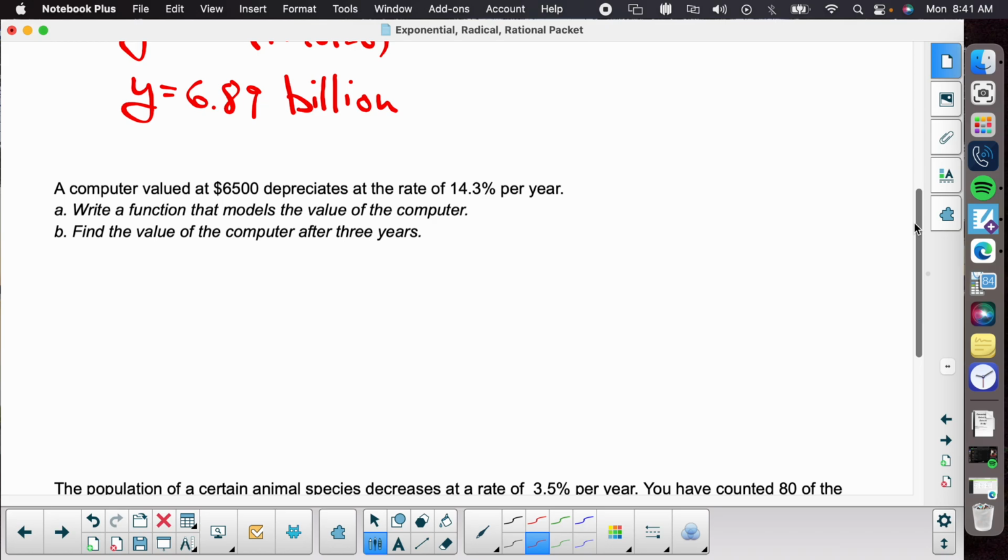So depreciates is gonna be a word that stands for decay or getting smaller. So we're gonna use the decay formula because the word in the problem is telling us the answer's getting smaller. So I'm gonna write down the decay formula from up top, which is similar to growth except it has a minus.